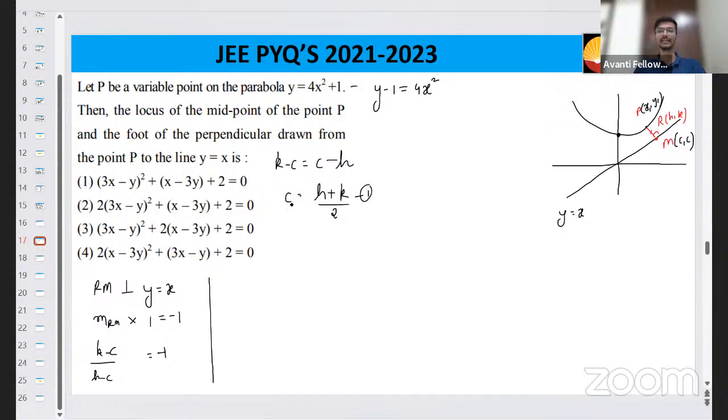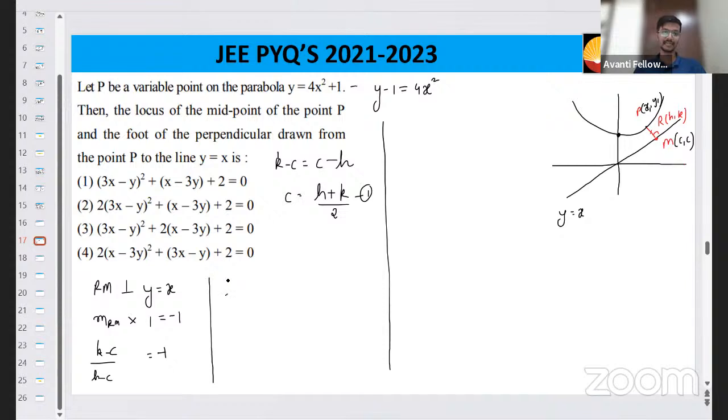We need to get rid of c. So what is the next condition, guys? The next condition is R is the midpoint. So if R is the midpoint of PM, I can use the midpoint formula.